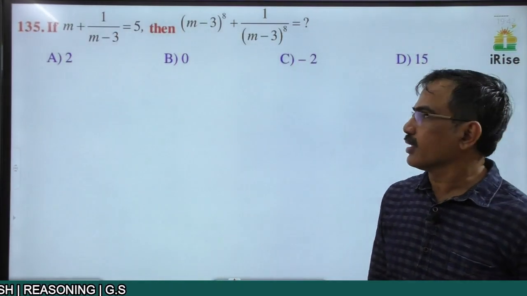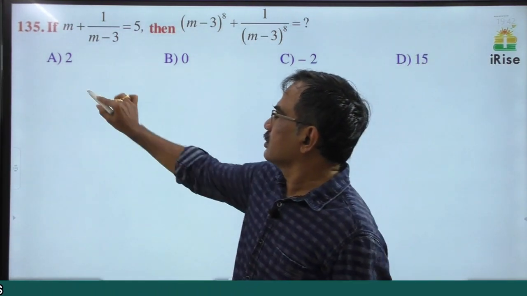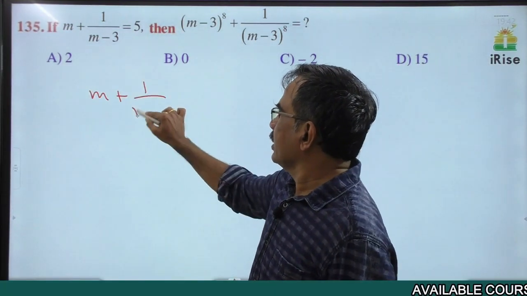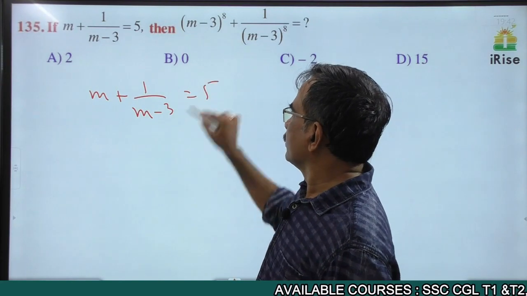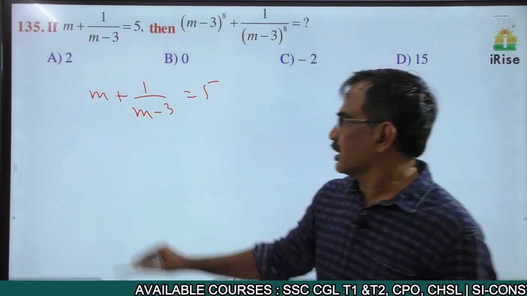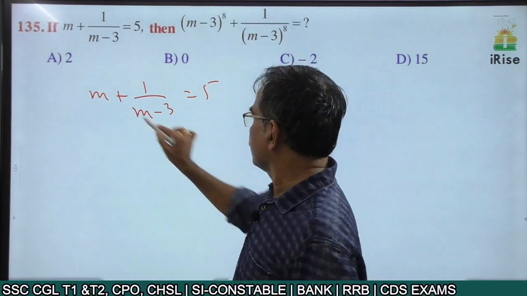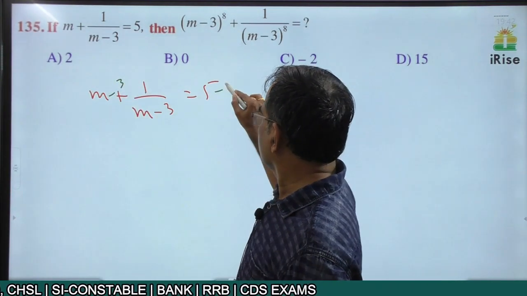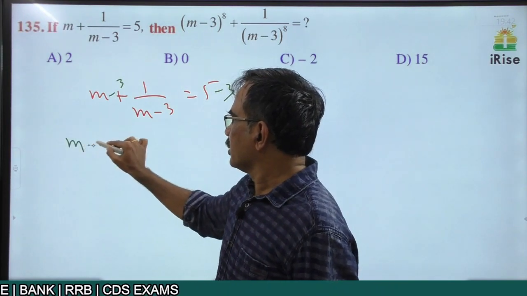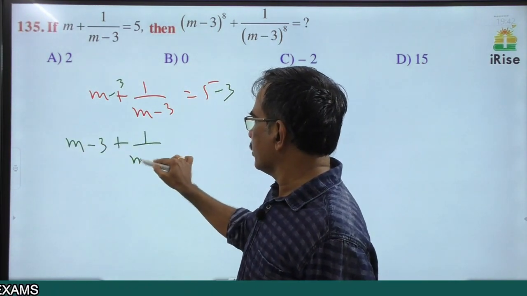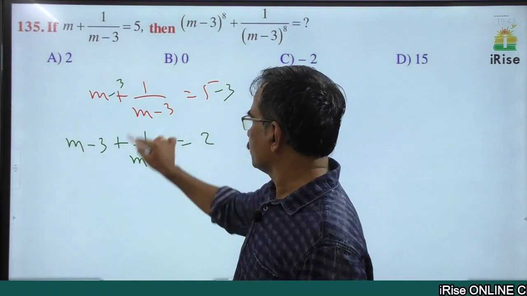Next one. If m plus 1 by m minus 3 is equal to 5. Here I want to write this equation by writing minus 3 here. So m minus 3 plus 1 by m minus 3 is equal to 2.